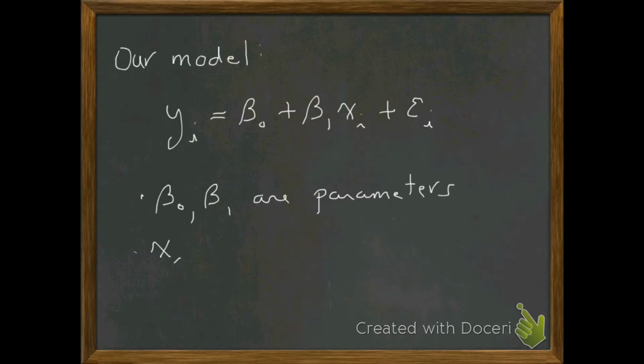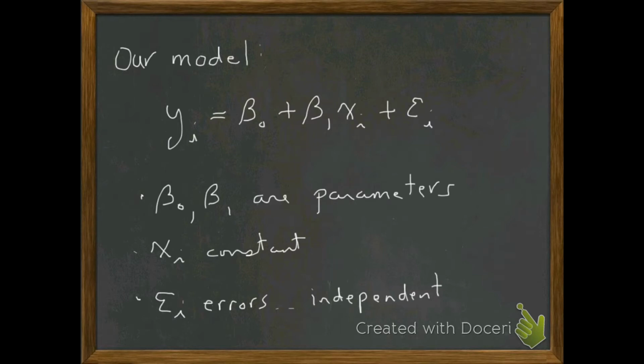X sub i is the constant, and of course e sub i's are our errors. And for our errors, we know that these things are independent. We don't want systematic errors. And they follow a normal distribution, mean 0, variance sigma squared.